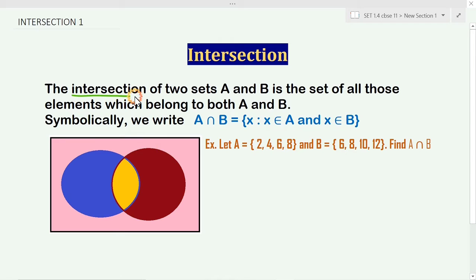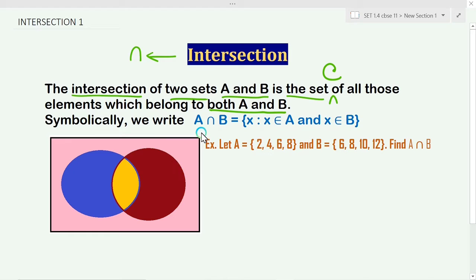The intersection of two sets A and B is the set, you can say any set like C, of all those elements which belong to both A and B. So the meaning of this line is that the intersection of A and B is a set which contains those elements which are common in A and B. So now this is the symbol of intersection.